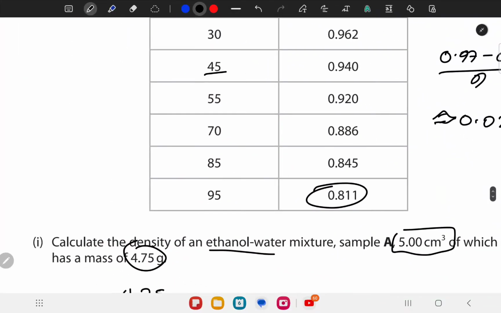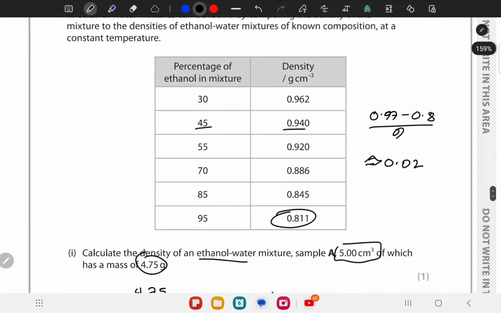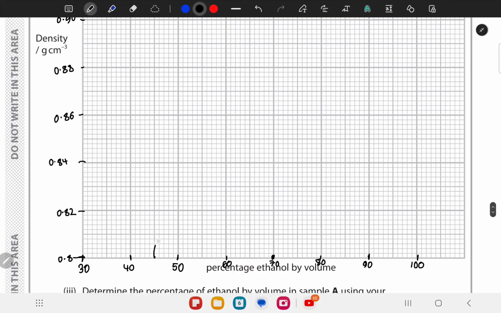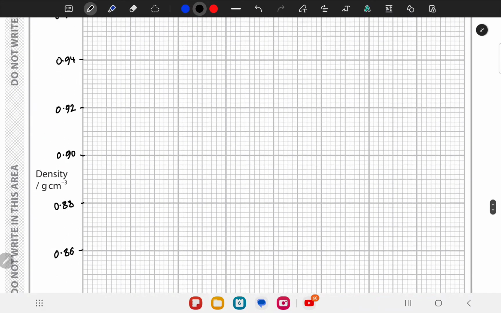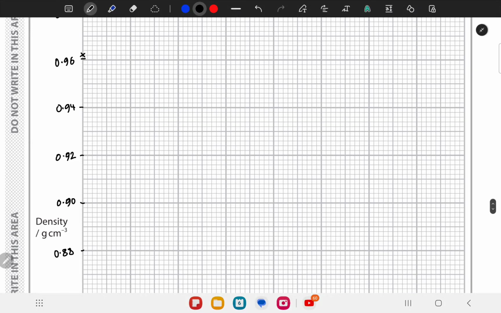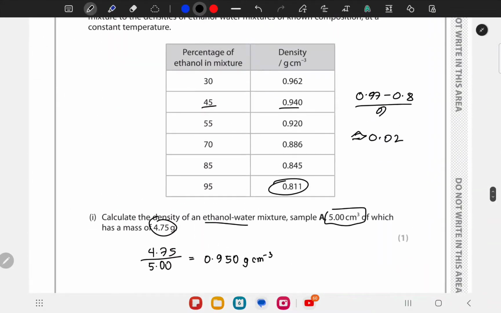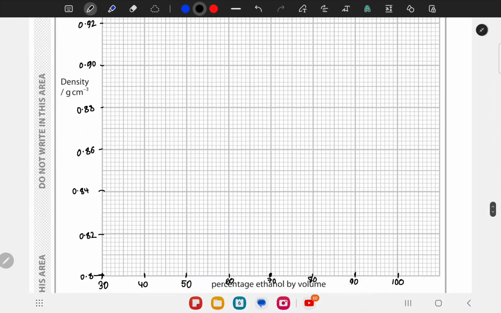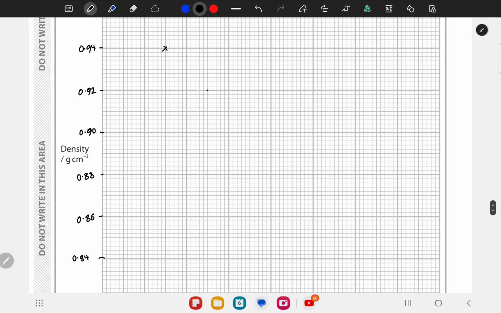Now the next pair of points is 45, 0.940. 45 is over here in between 40 and 50, and 0.94 is over here. The next pair of points is 55, 0.92. So 55 is over here in between 50 and 60, and 0.92 is over here.